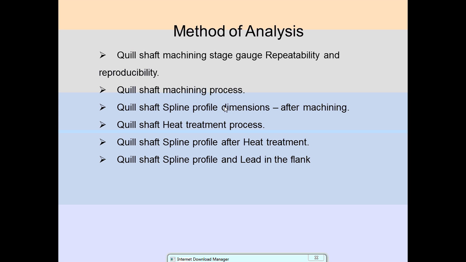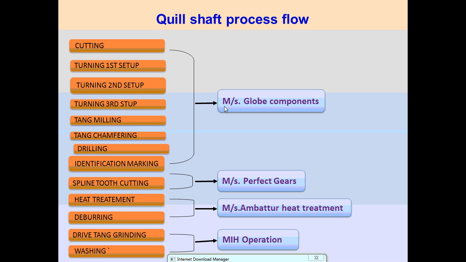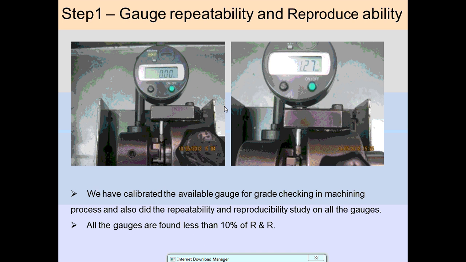This is the method which we are going to do. Quill shaft machining process, quill shaft spline profile dimension, quill shaft heat treatment process. This is the quill shaft process: cutting, turning, first setup, spline tooth cutting, heat treatment. These are the perfect gear.